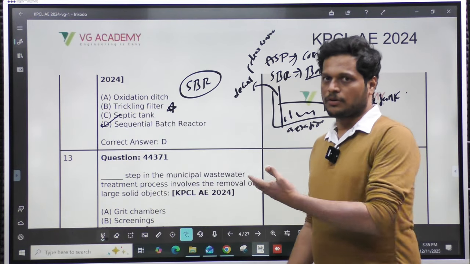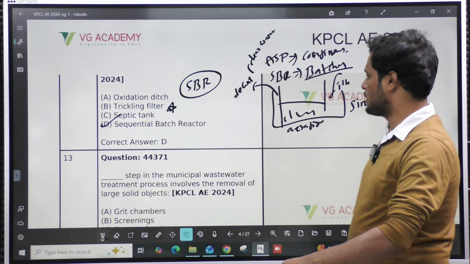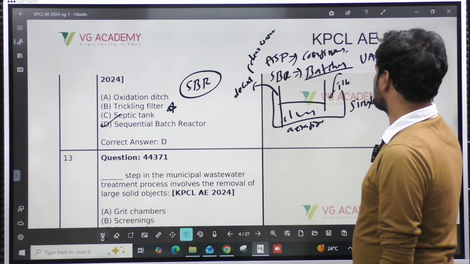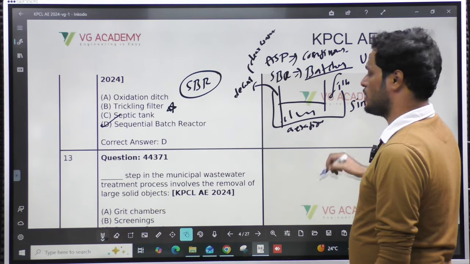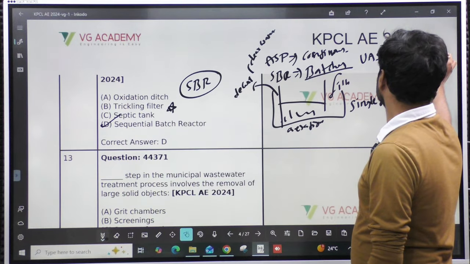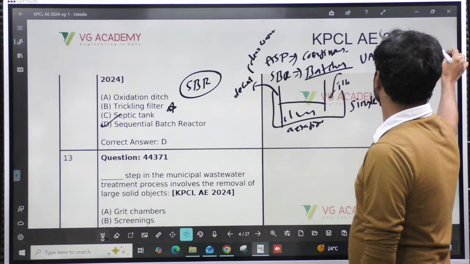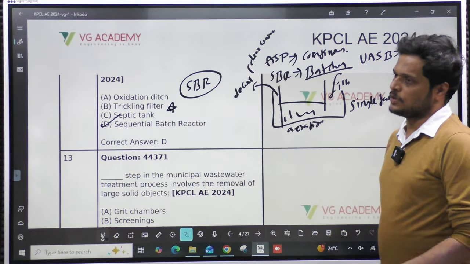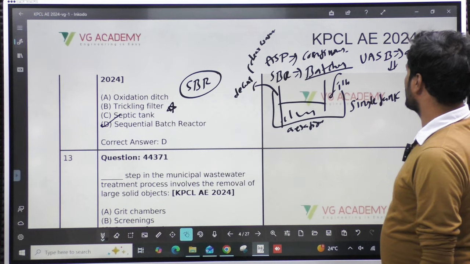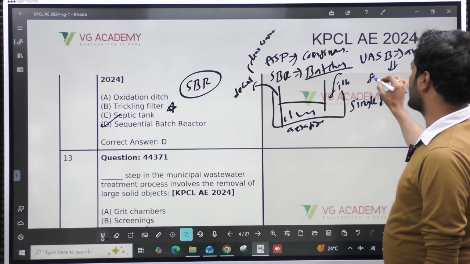One more thing I told you: in the Hyderabad Ambarpet STP, they also use UASB, which is anaerobic. After anaerobic treatment they generally use facultative ponds.